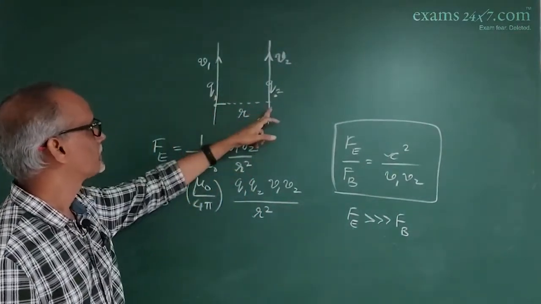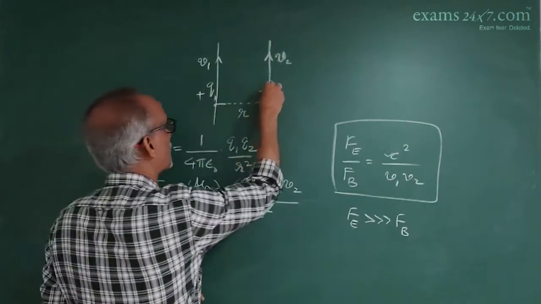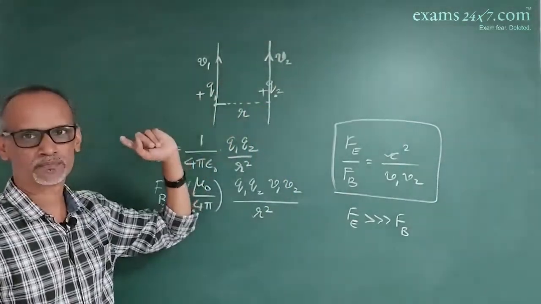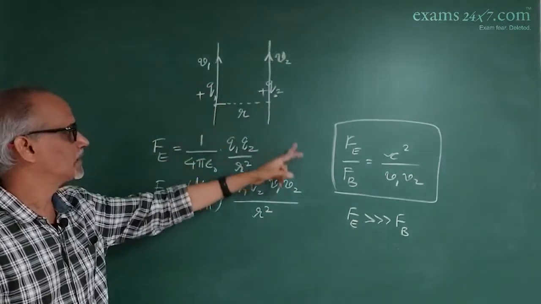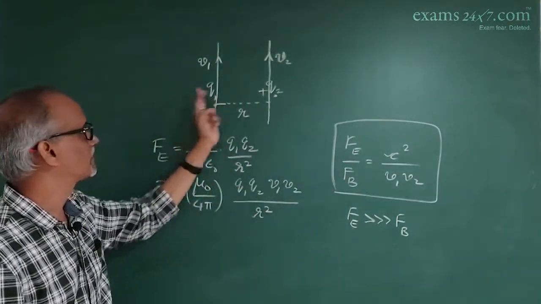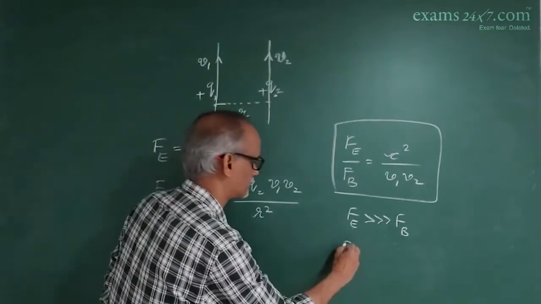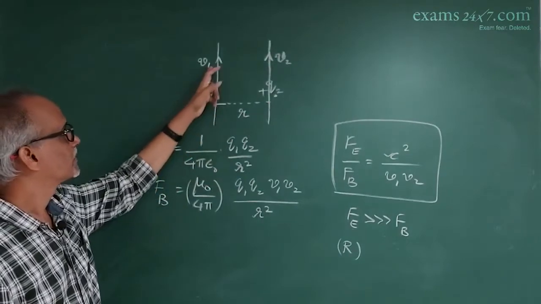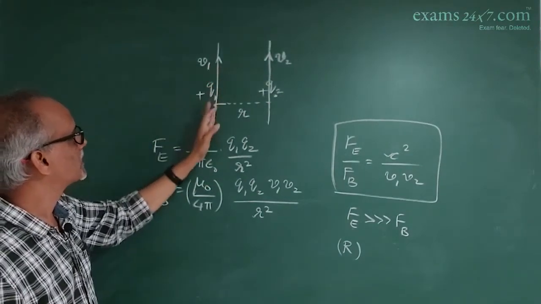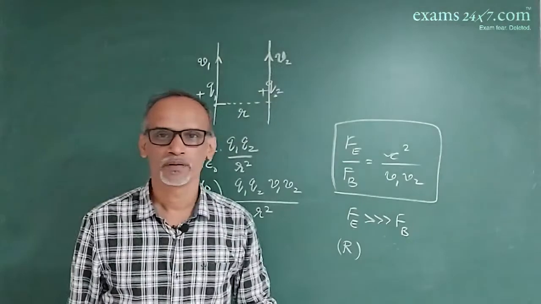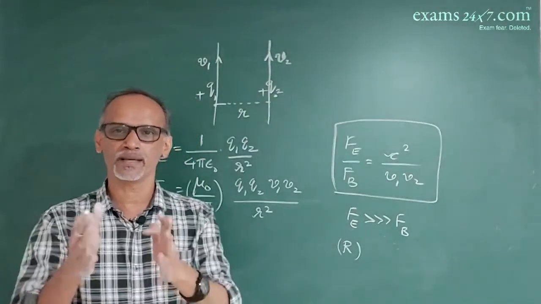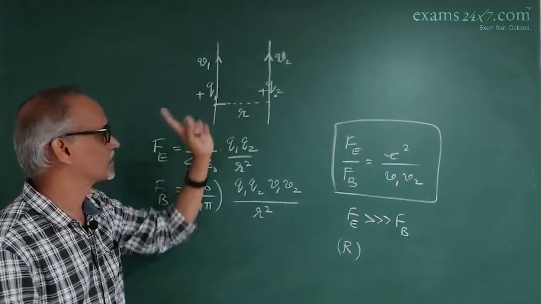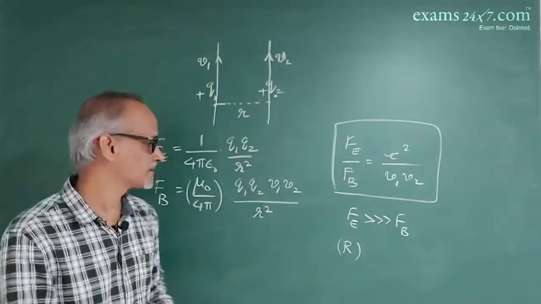So therefore here, if I take two like charged particles moving in the same direction, then due to the electrostatic force, the nature of the force is repulsive. But since they move in the same direction, they will produce a current in the same direction, and due to the currents in the same direction, the nature of the force between them is attractive.